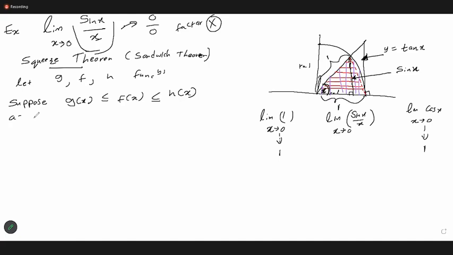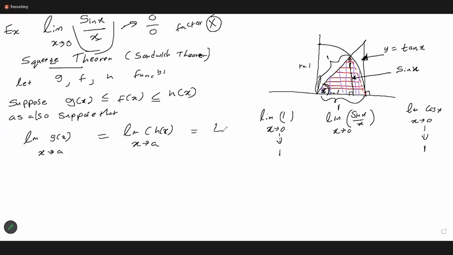and also suppose that the limit of g(x) when x approaches a is equal to the limit of h(x) when x approaches a.